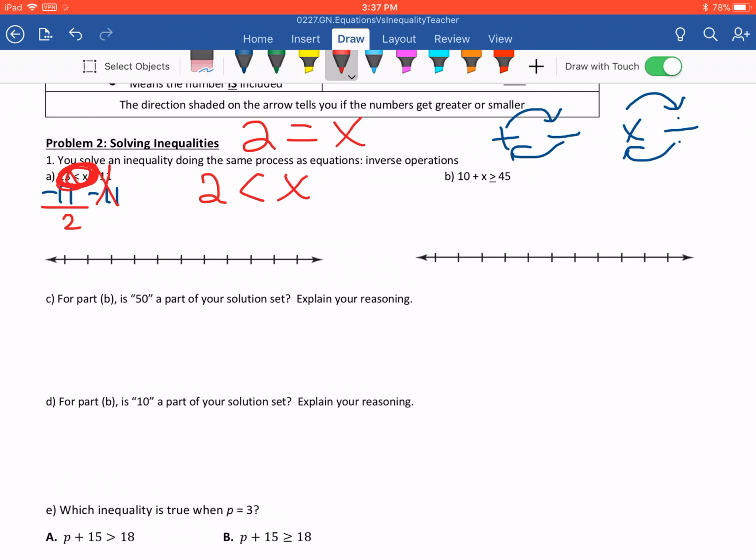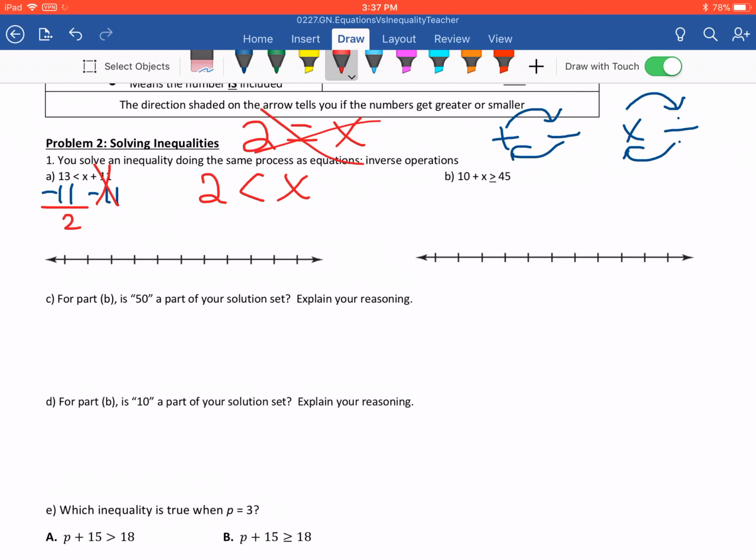You do not change it to an equal sign, okay? I promise you, some people are going to do that, and it's just going to kill me inside. All right, so 2 is equal to x is wrong. It's just 2 is less than x.